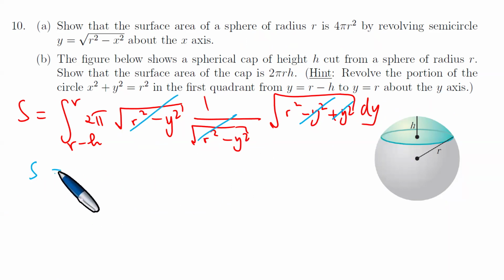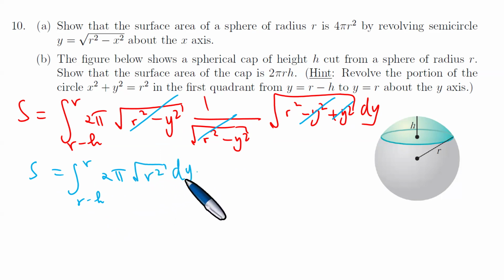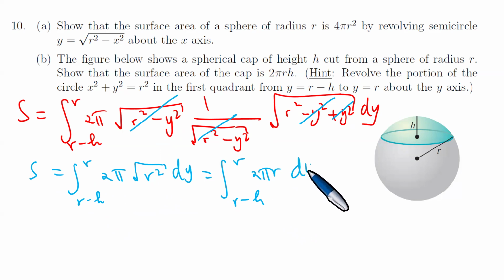This cancels. The integral from r minus h to r of 2 pi the square root of r squared, dy, which is 2 pi r dy.